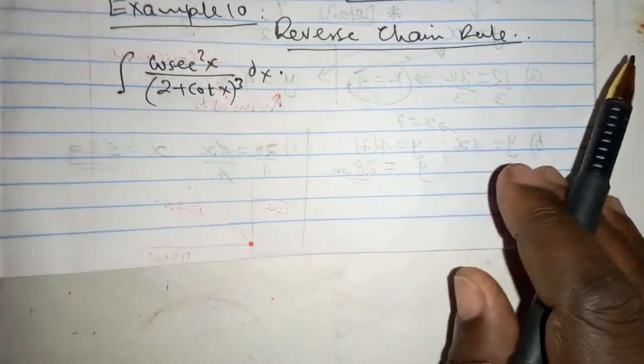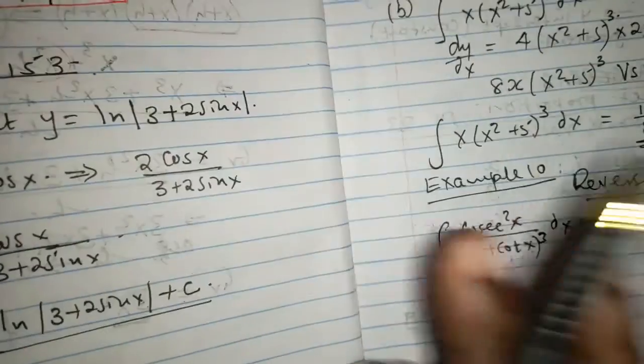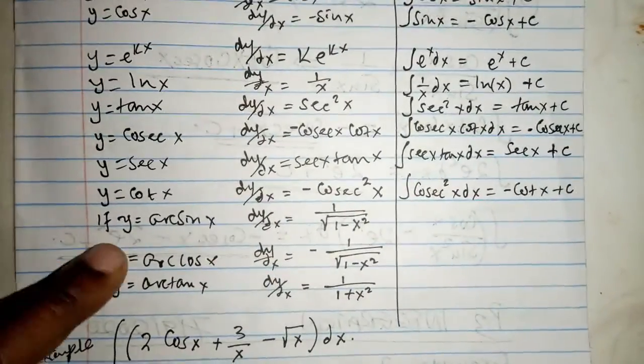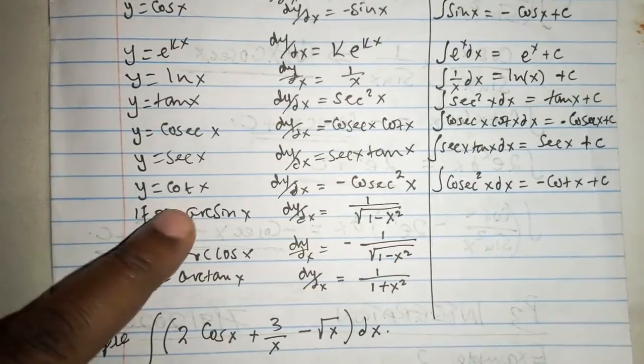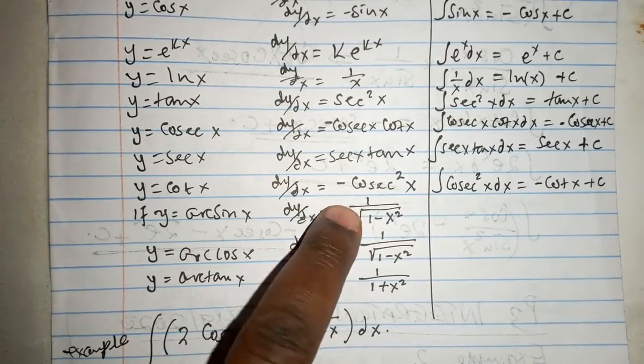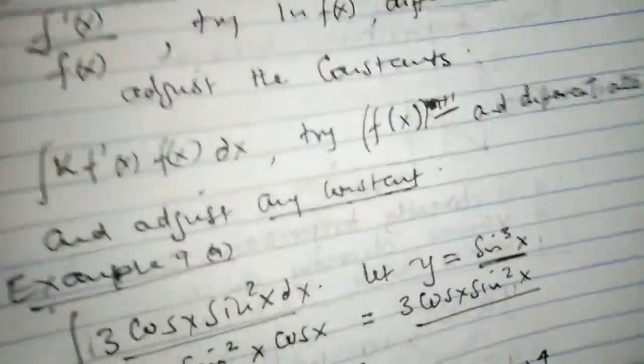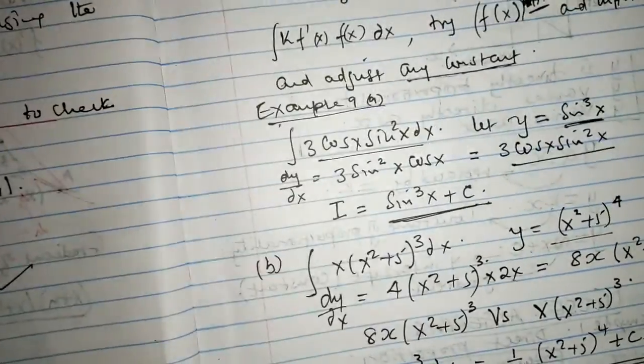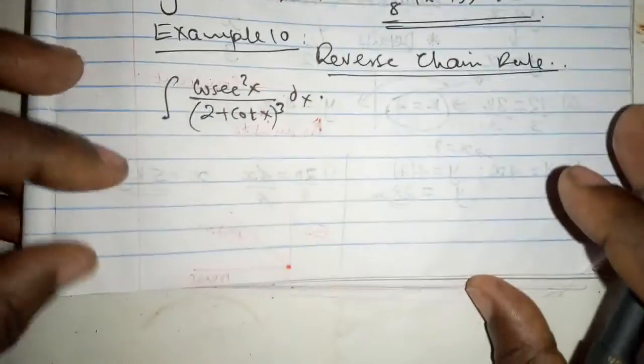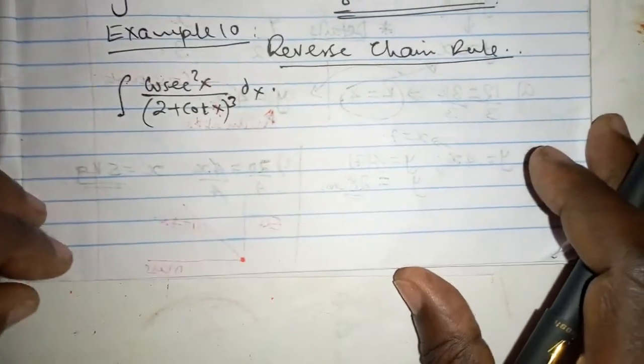We may confirm that: when y is cot x, dy/dx is negative cosec squared of x. So we only have to take care of the negative, and that will give us a different approach to this question.